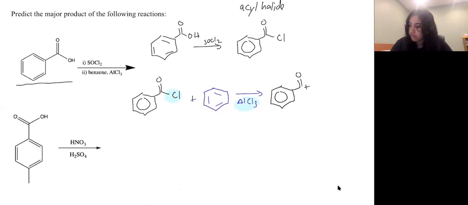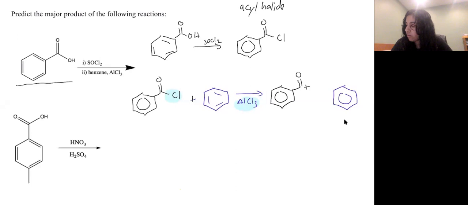And then now what can we do? Yep, we just attach the benzene. So I just draw a bond from anywhere on the benzene. There's no substituents, so we can attach it anywhere.